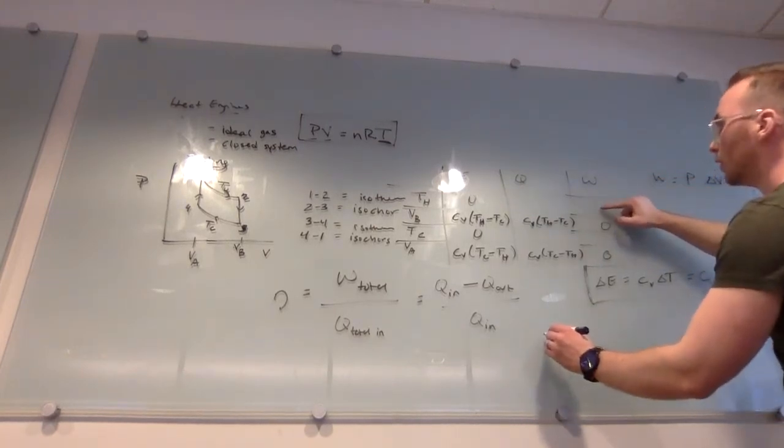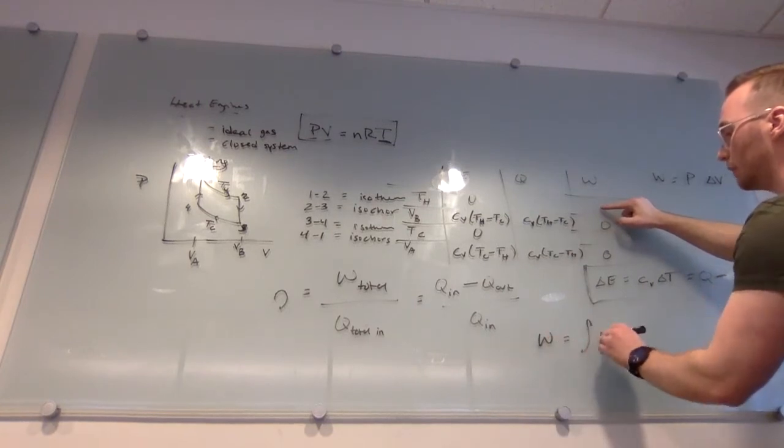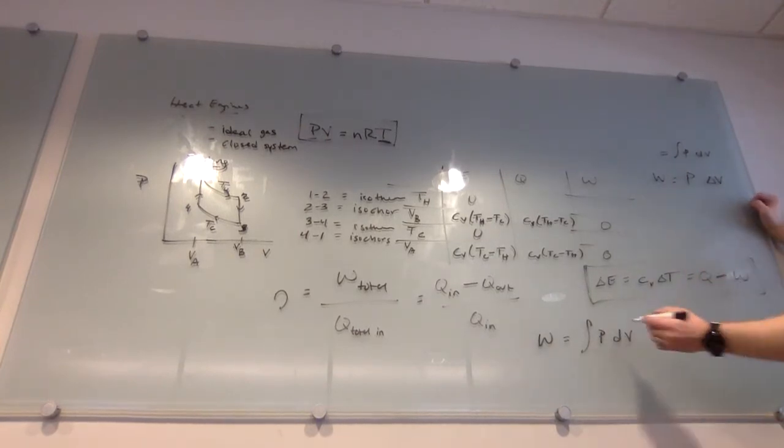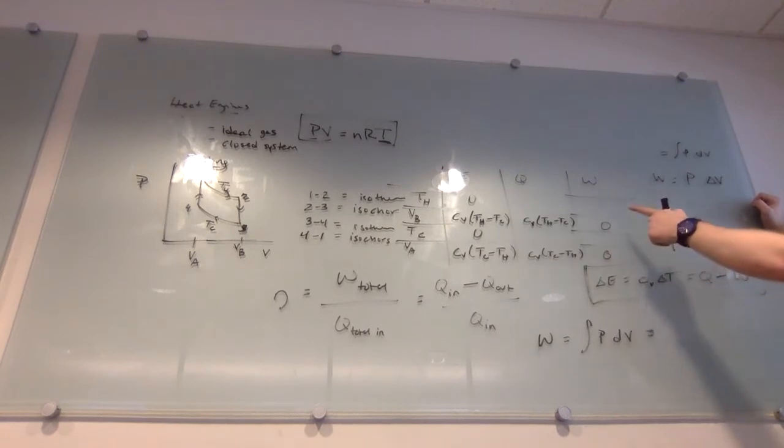What's W? The work done is the integral of P dV. That's the same as this. Just keep that in mind. It's exactly the same as this. It just might be easier to write delta if it's just a constant change or something. In this case, it's 0, so it's fine. But so this is P dV. Now we're computing this for 1 to 2.